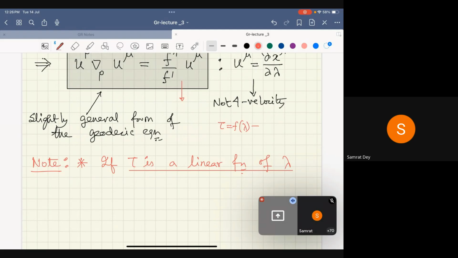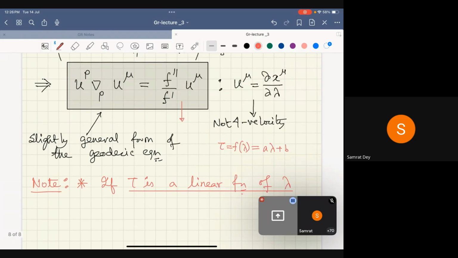That means maybe it is a lambda plus b. Suppose it is linear in lambda, and therefore if I take the functional form f lambda is a lambda plus b, therefore f double prime will become 0 if I take the double derivative of f with respect to lambda.